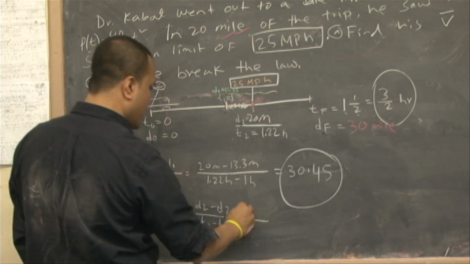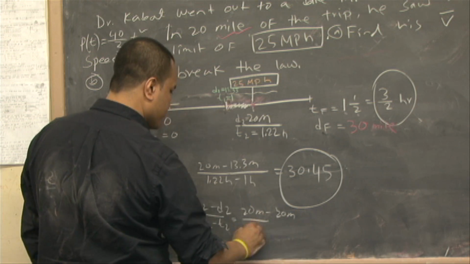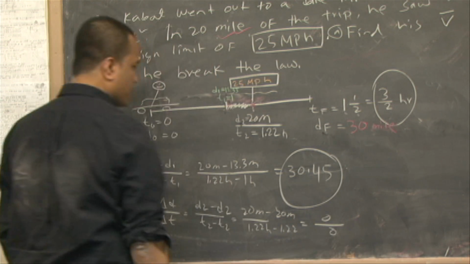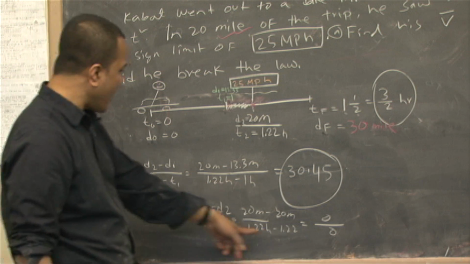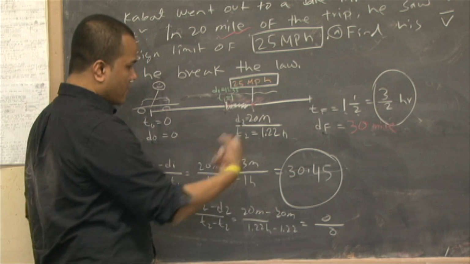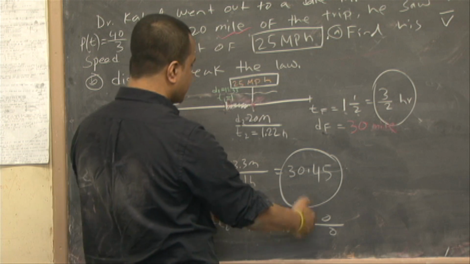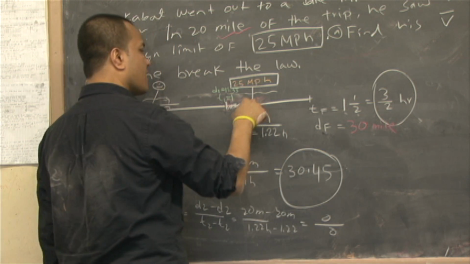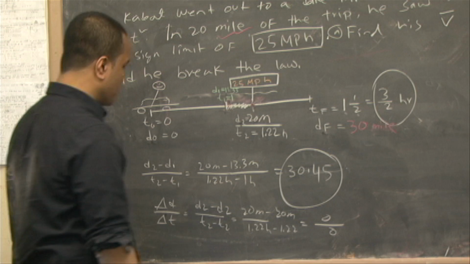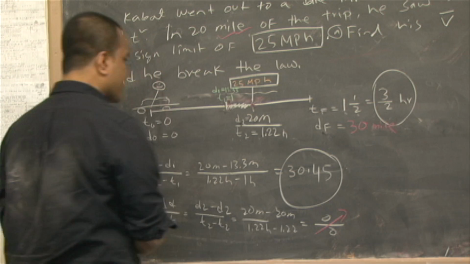D2 is 20 miles and D2 is 20 miles, and 1.22 hours minus 1.22 hours. So 0 over 0. The algebra doesn't really help us find out what's going on at this point, because if we make the interval infinitesimally small, we get 0 over 0, which is not good. So we have to use calculus.